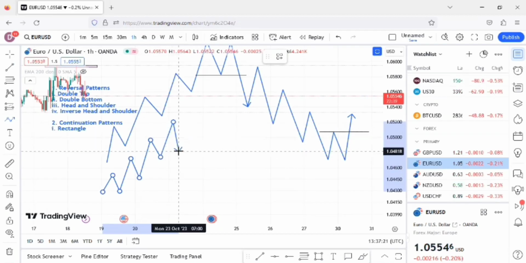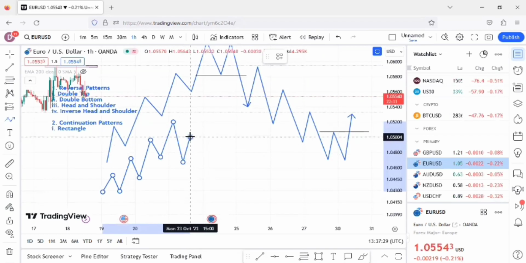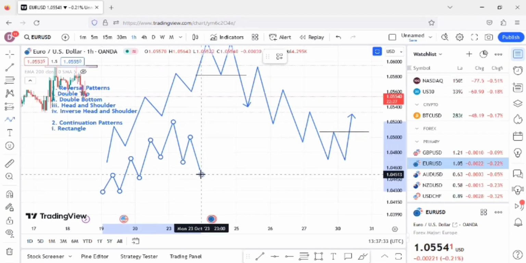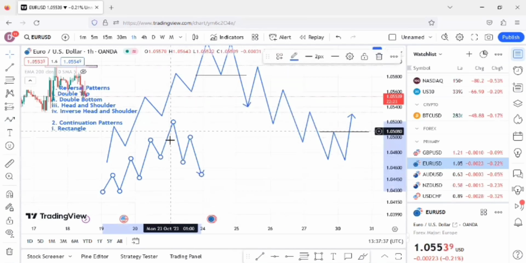Then all of a sudden, you have either an equal low or a little break. Then you have a lower high, then a lower low. So at this point, we will say we have head and shoulder.